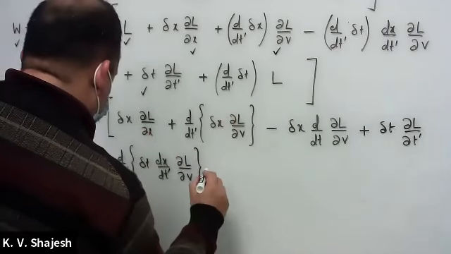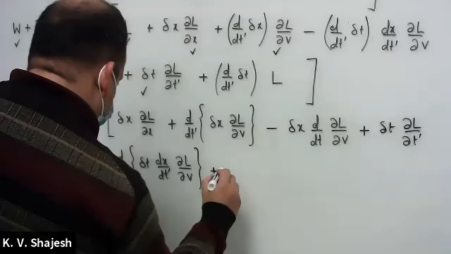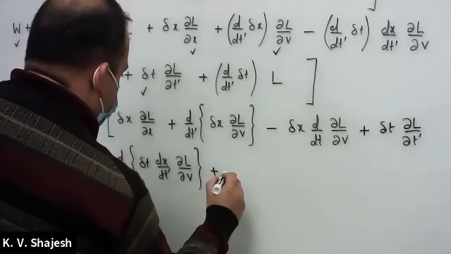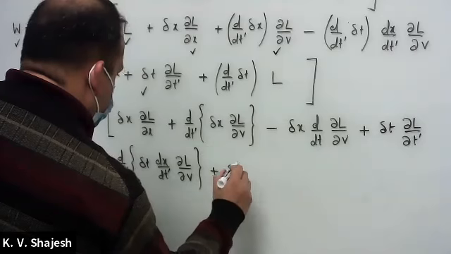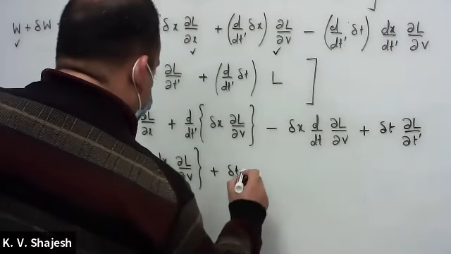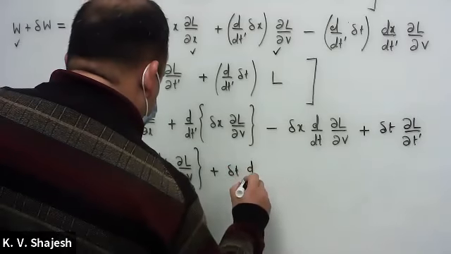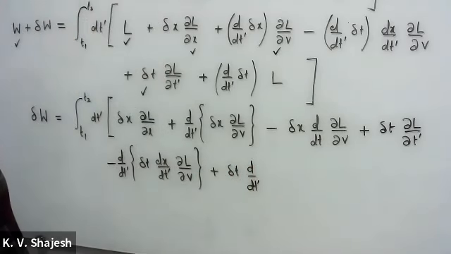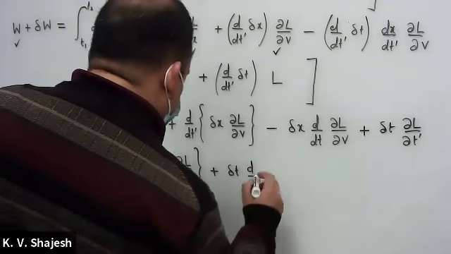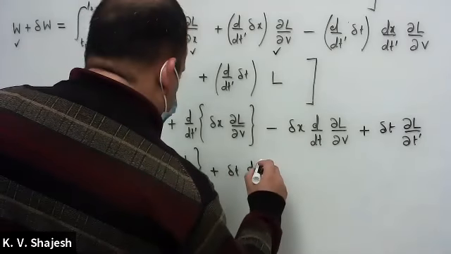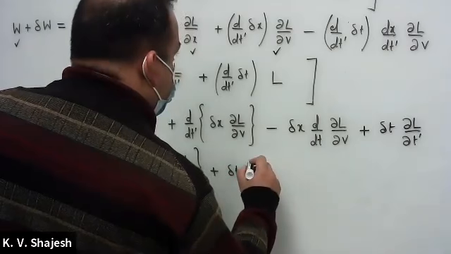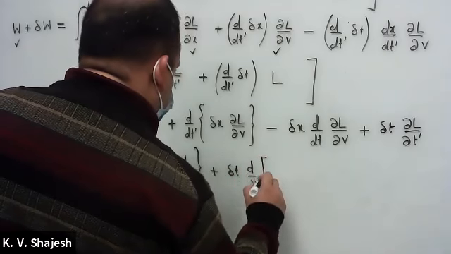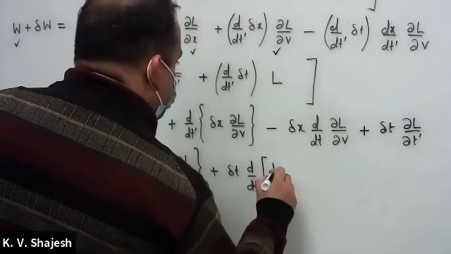So that's this term, but I have to make it correct by hitting d times d by dt prime times, let's say, dx.